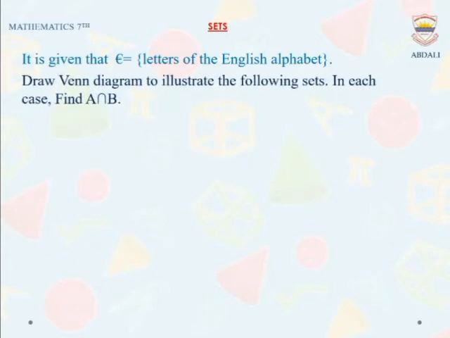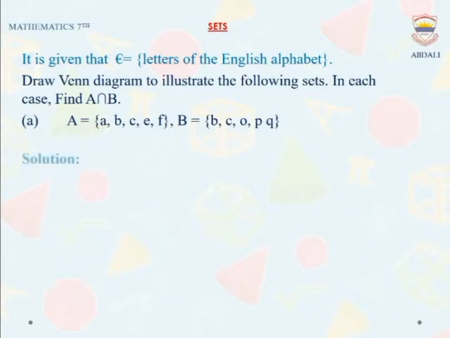So draw a Venn diagram to illustrate the following sets in each case. Find A ∩ B. So now we have to find A ∩ B and we will represent it through a Venn diagram. So let's start part A, in which A is {A, B, C, E, F}, and B is {B, C, O, P, Q}.